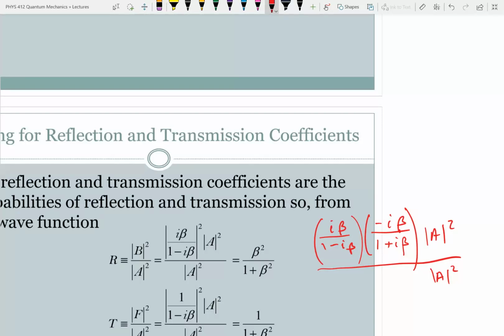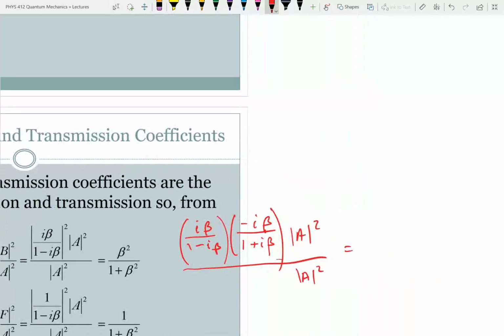So on top you have beta squared. On bottom, the cross terms, of course, are going to be 0, and you have 1 squared minus i squared beta squared. So 1 squared plus beta squared. So there's our reflection coefficient.